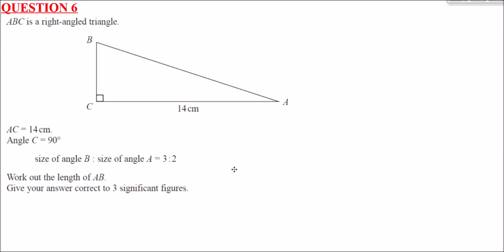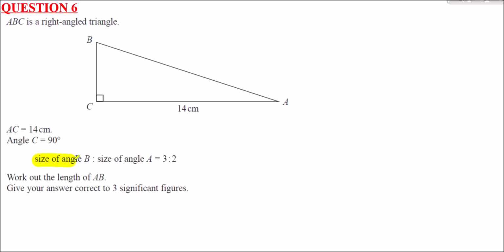So, question 6, we have a triangle problem to attempt. So ABC is right-angled, as we can see by this little square in the corner at angle C. AC, we're told, is 14 centimetres, and we're also given angle B and angle A as a ratio. So the size of angle B to the size of angle A is 3:2.